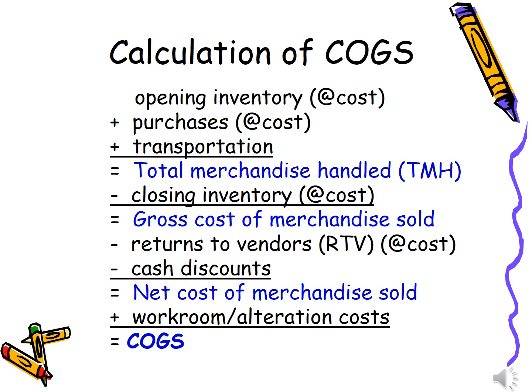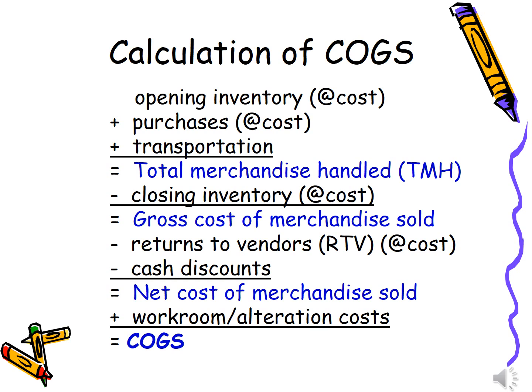And you can see that there are three intermediate terms of cost of merchandise, called total merchandise handled, gross cost or net cost, and things like that. And I am okay if you don't remember these terms at this moment. But what's important is what all the cost of goods sold elements are, and whether each of these elements increases or decreases cost of goods sold.